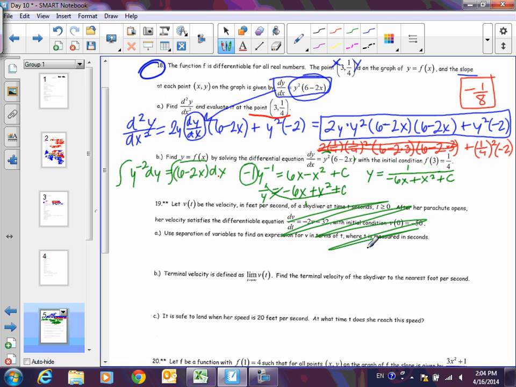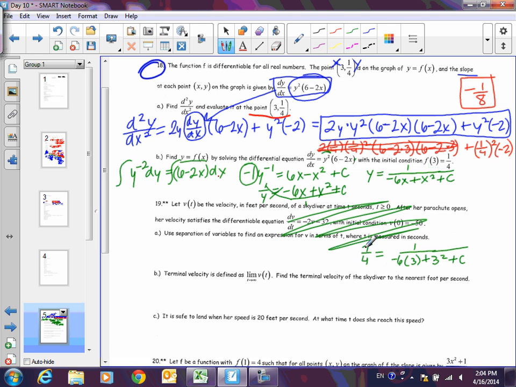So we need to go ahead and plug in the 1/4 for the y, and we need to plug in the 3 for the x. And one nice thing about this is, okay, if 1/4 equals 1 over this, then shouldn't 4 just, I mean, the denominators have to be equal if the numerators are.